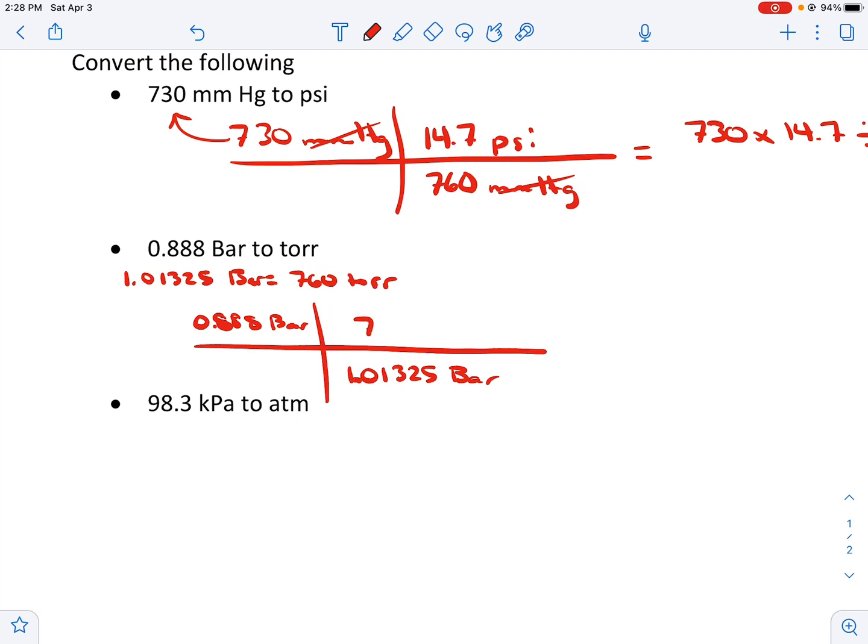On top, we're going to put 760 torr. We really should be capitalizing torr because it's named after a man, but we'll be okay. So we'll take 0.888 times 760 and then divide by 1.01325. And our answer should be 666.05 torr.